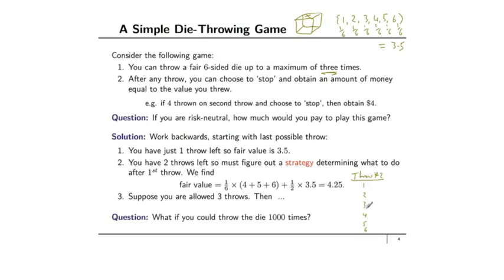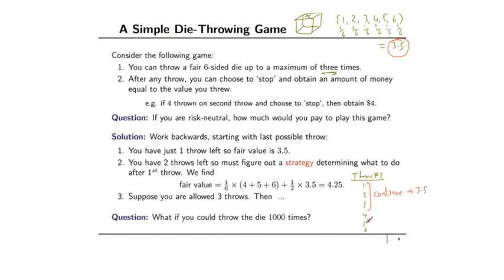So if we get a 1, 2, or 3, if you think about it, it would make sense to continue. Why? Well, if we continue, we will expect to get 3.5 on our last throw. So why would you stop and get a 1, a 2, or a 3 when you expect to get a 3.5 on your last throw? So in each of these, you would continue and expect to get 3.5.